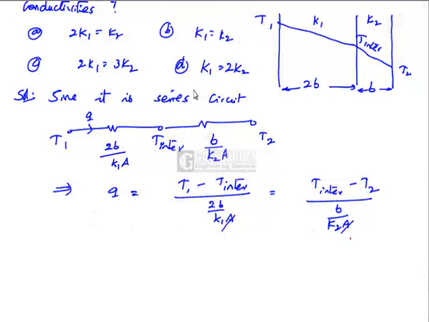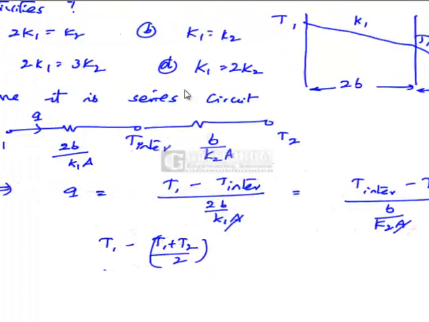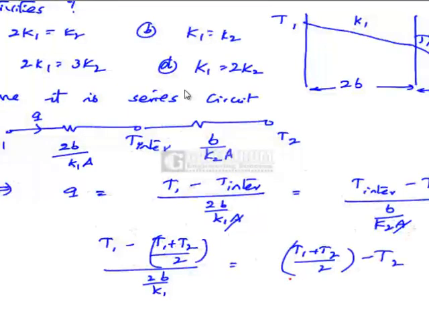So A and A get cancelled. So T interface is given as the average of T1 and T2, that is T1 minus (T1 plus T2) by 2, divided by 2B by K1, is equal to (T1 plus T2) by 2 minus T2, divided by B by K2. B also gets cancelled.